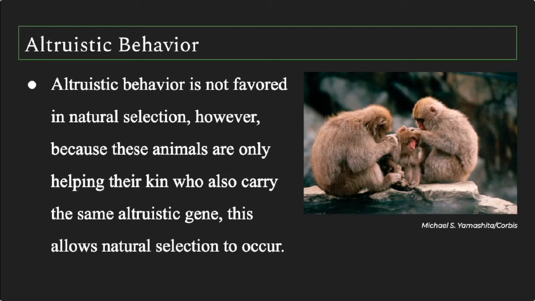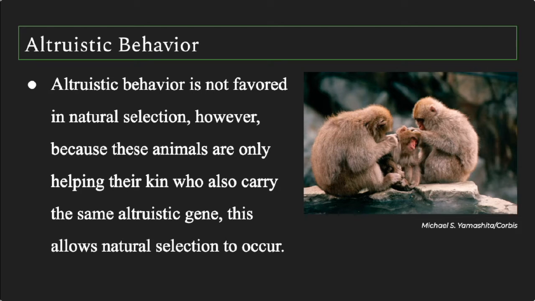Altruism is a behavior that benefits other individuals at the expense of the altruist. The fitness of the altruist is diminished by its behavior, whereas individuals that act selfishly benefit from altruism at no cost to themselves. Altruistic behavior is not favored in natural selection.